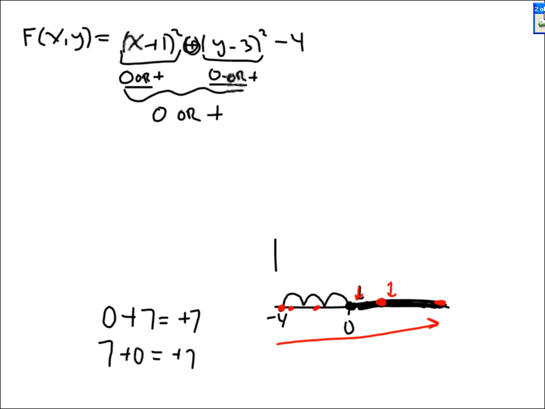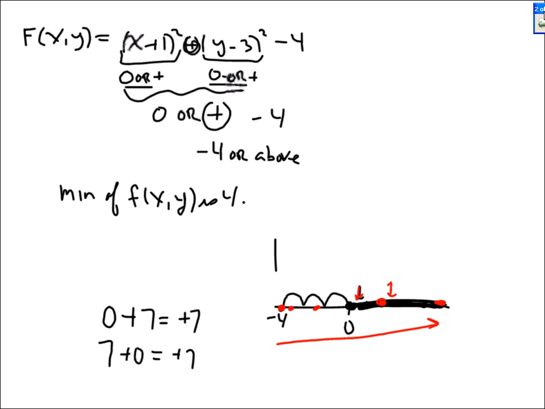If you're 0 or positive and you take away 4, you will be negative 4 or above. That means the min of f of x, y is negative 4. That's the least it will be.